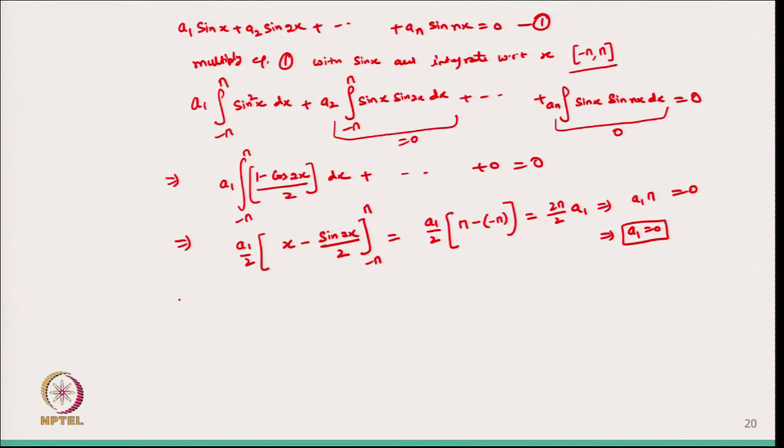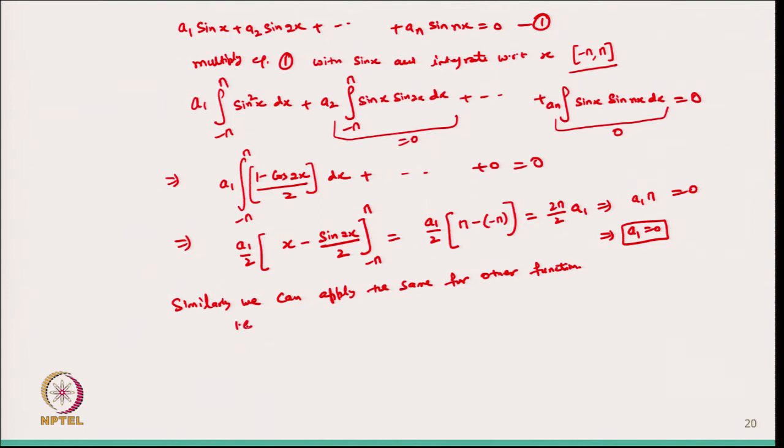So, similarly, we can apply the same for other functions.